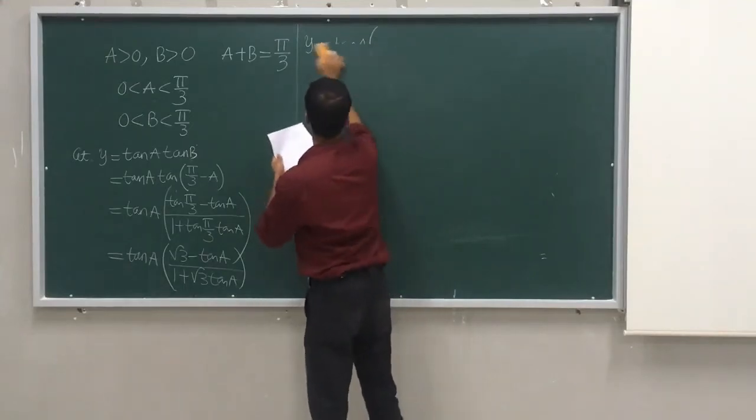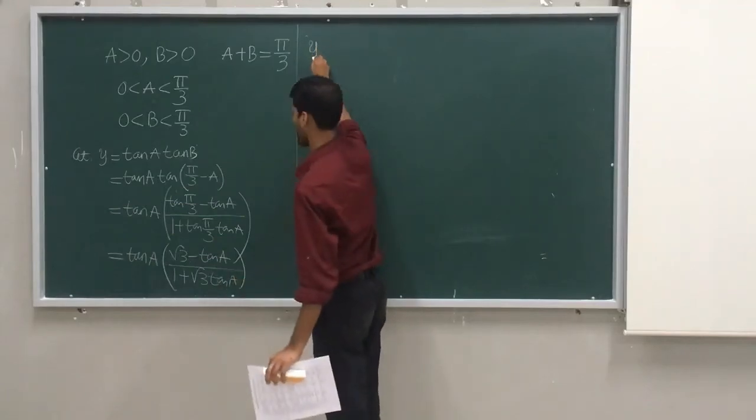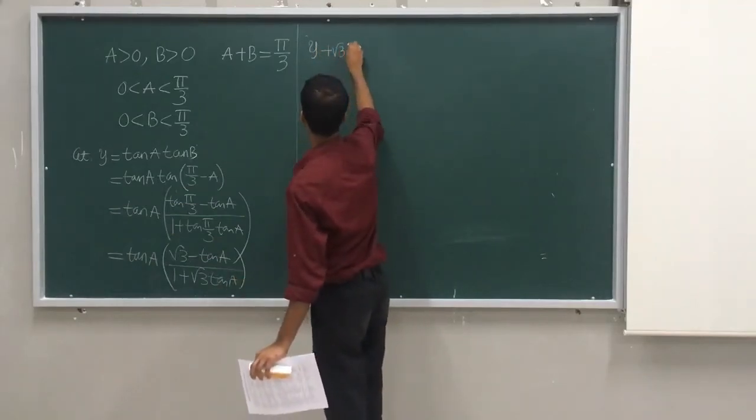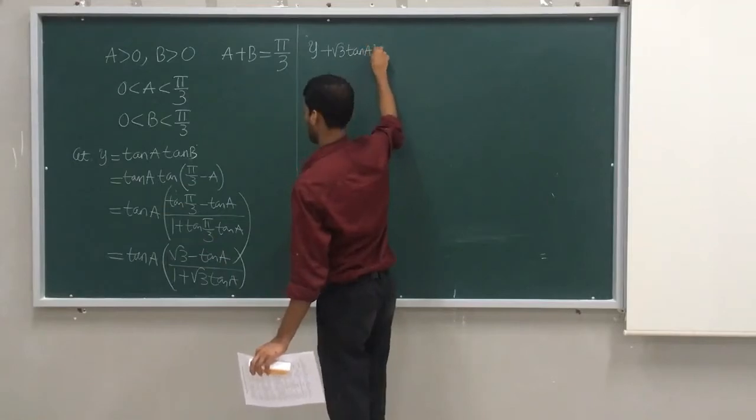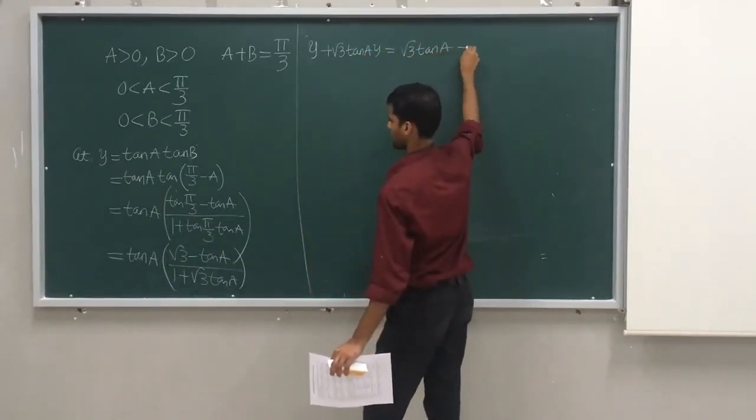Instead of writing the same thing again, I'll cross multiply this. It becomes y plus root 3 tan A y is equal to root 3 tan A minus tan square A.